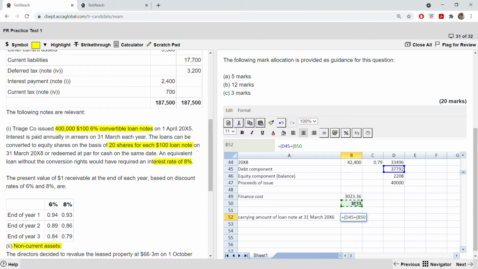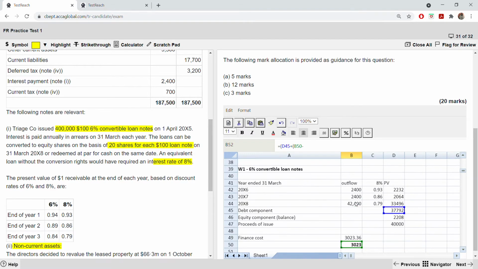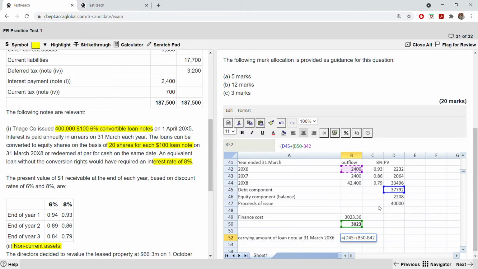This is the finance cost, current year finance cost, minus this 2400. Okay, so you can see 3 boxes are highlighted. Press enter, okay, 3438415. This is the carrying amount of the loan note. This also I can bold.